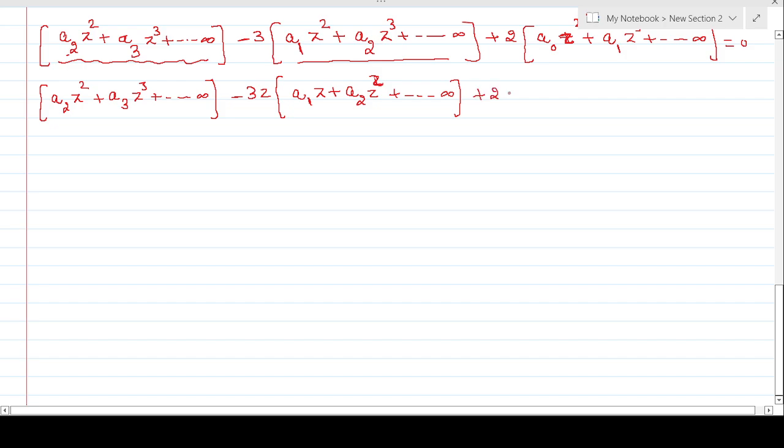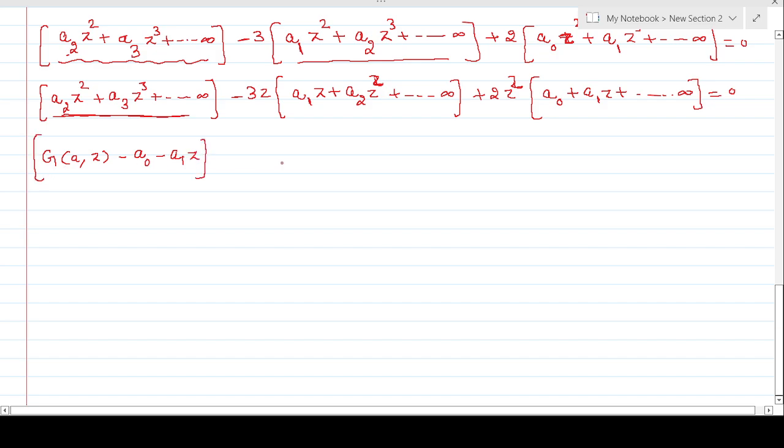Plus 2 times, taking z square common, it is a0, a1 z and so on up to infinity, equal to 0. So write this in terms of generating function. It is G(z) minus a0 minus a1 z.